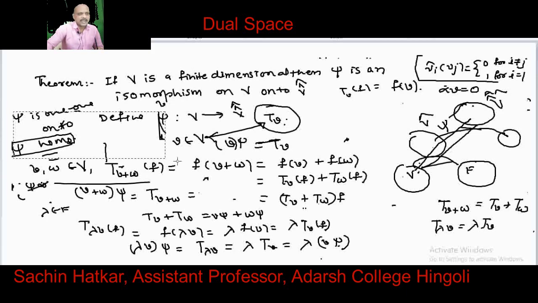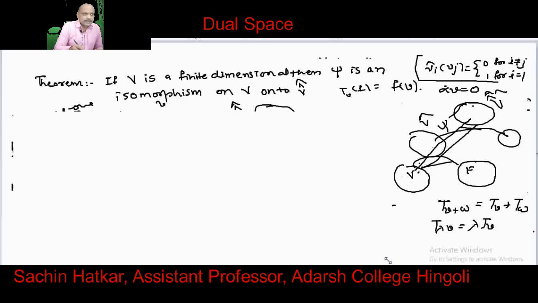Let us see that psi is 1-1. Suppose psi of v equals psi of w.